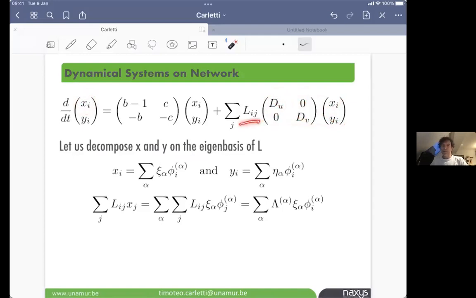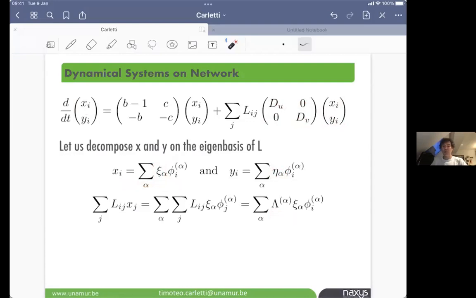Remember, L can be diagonalized, so let me write phi alpha as the eigenbasis, and then I project my components x_i and y_i on this basis. So I will have these components xi alpha and eta alpha, and now the sum over j of L_ij x_j, if you replace this one, becomes the sum over alpha of lambda alpha, xi alpha, phi alpha.